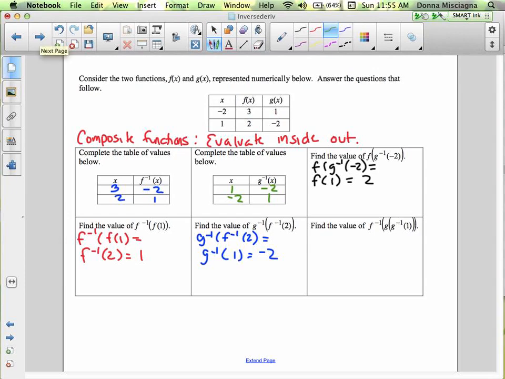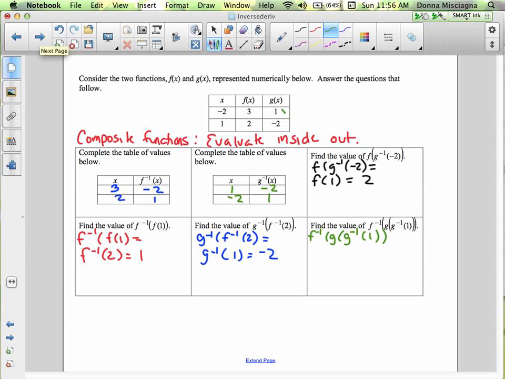This one's a little longer. So f inverse of g inverse of 1. It's harder to say. But we start on the inside. And this thing here, that's an inverse sign. Maybe I should make that a little clearer. We're going to plug in 1, which is the y value for g of x, so it's going to be the x value for its inverse.